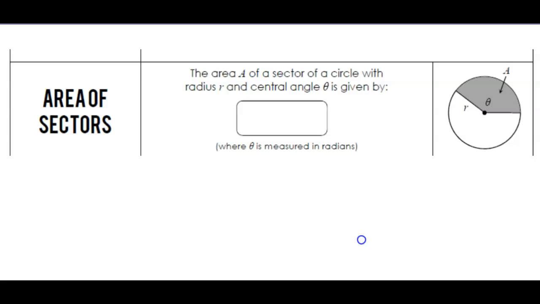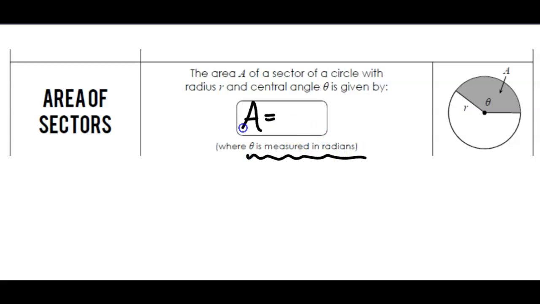Then there is a formula for area of a sector. Now you actually learned an area of a sector formula in geometry, but that was given degrees. This area of a sector works when theta is radians.